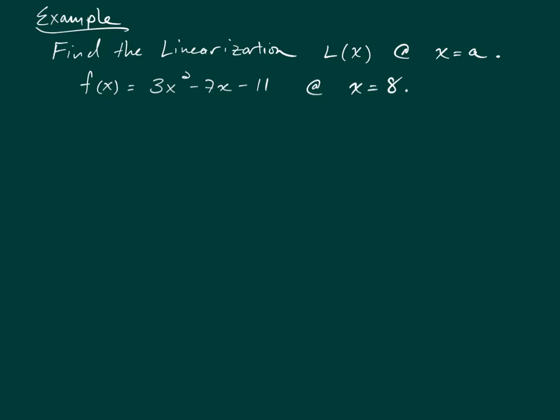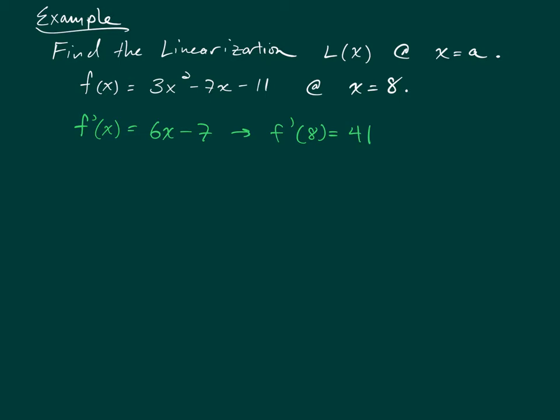So the first thing you'll want to do here is find the derivative. So we want to find f prime of x, and more specifically f prime of 8, but we'll do that in a second. So this is 6x minus 7. And that tells us that f prime of 8 equals 41.